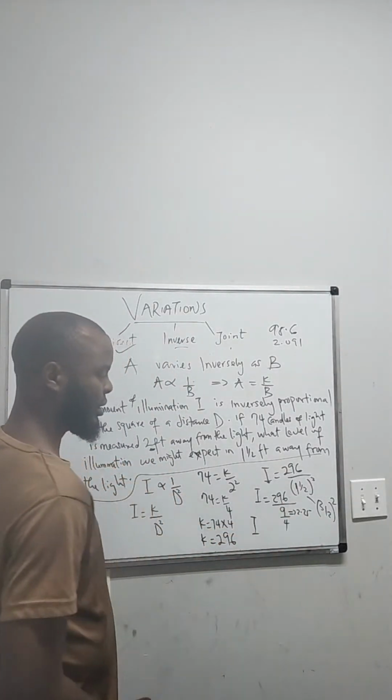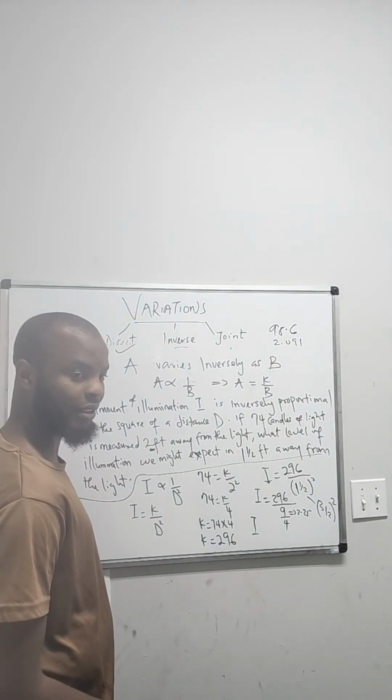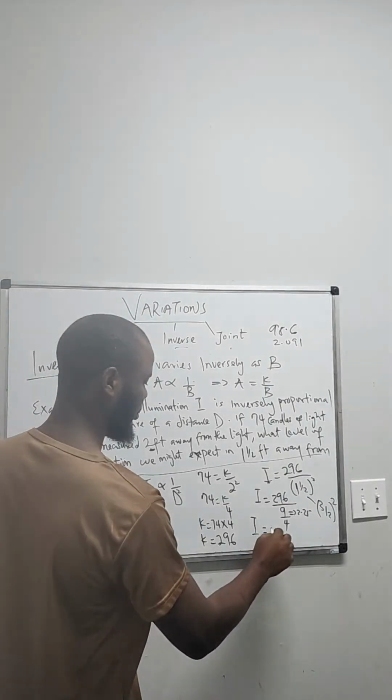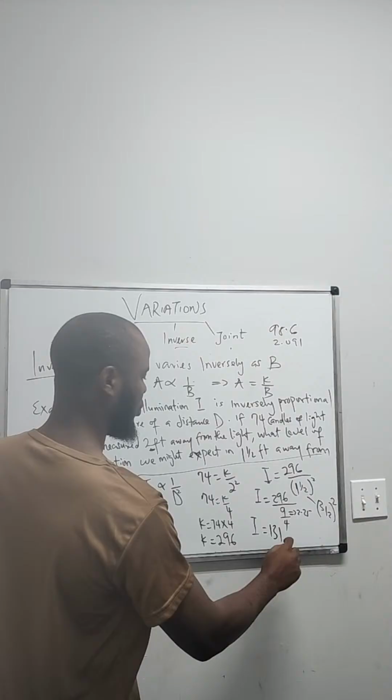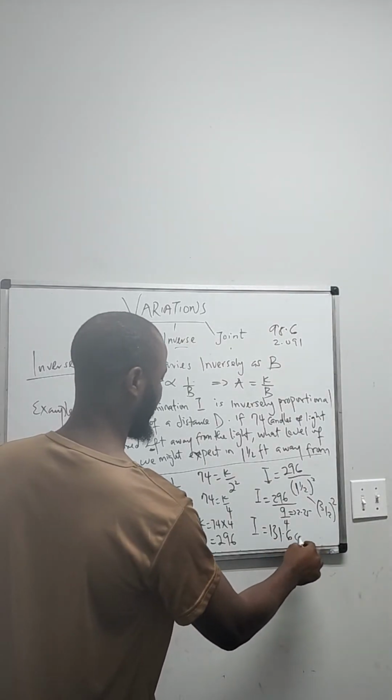So 296 divided by 2.25 is 131.5 repeating, about 131.6 candles of light.